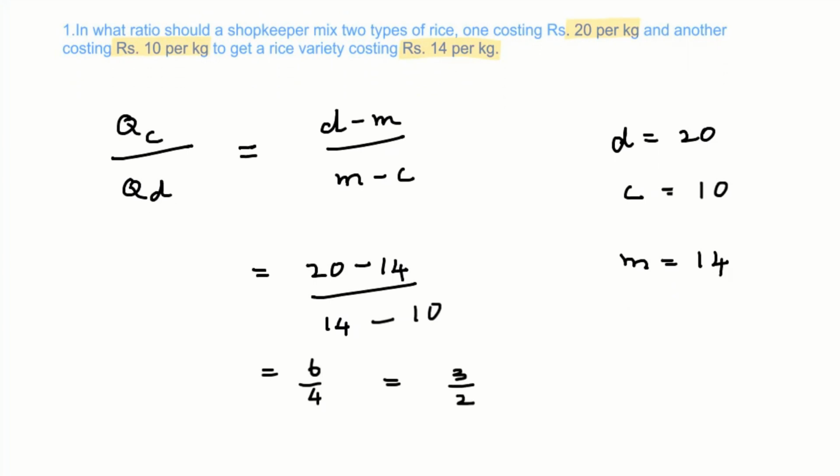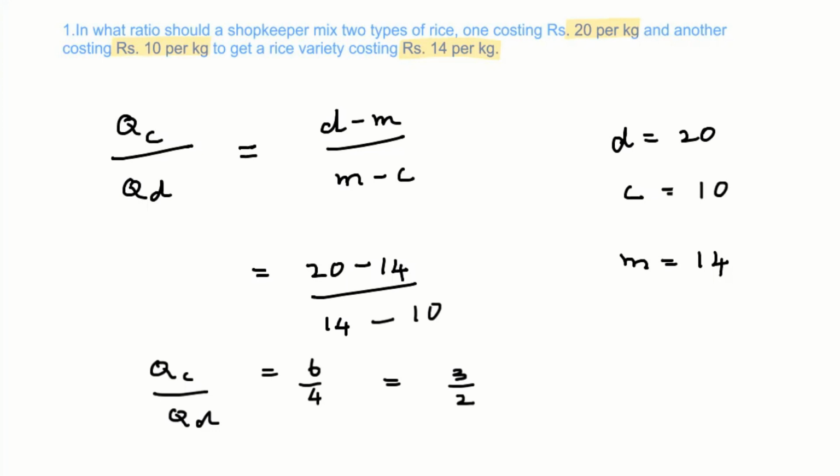That is what I have written here: quantity of cheaper by quantity of dearer. So the cheaper quantity must be mixed in 3 parts, and the dearer quantity must be mixed in 2 parts. That is, if 3 kg of 10 rupee rice is taken, then 2 kg of 20 rupee rice is to be mixed, so that you get this mean price.